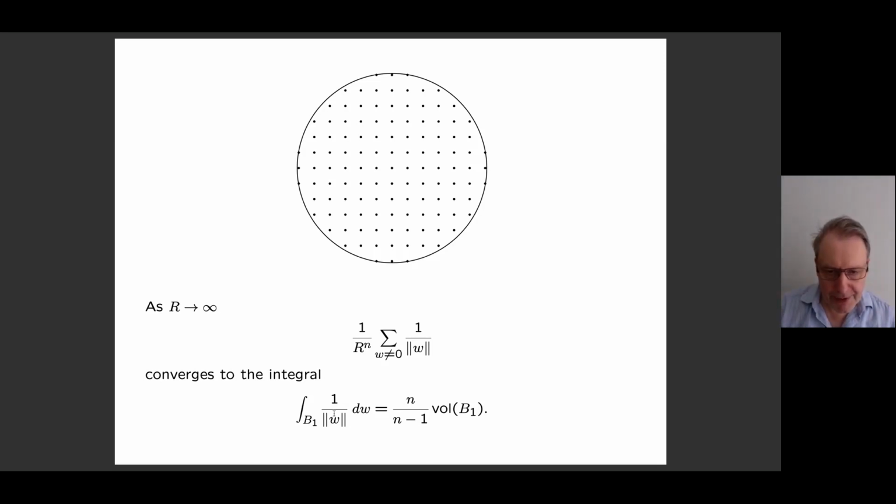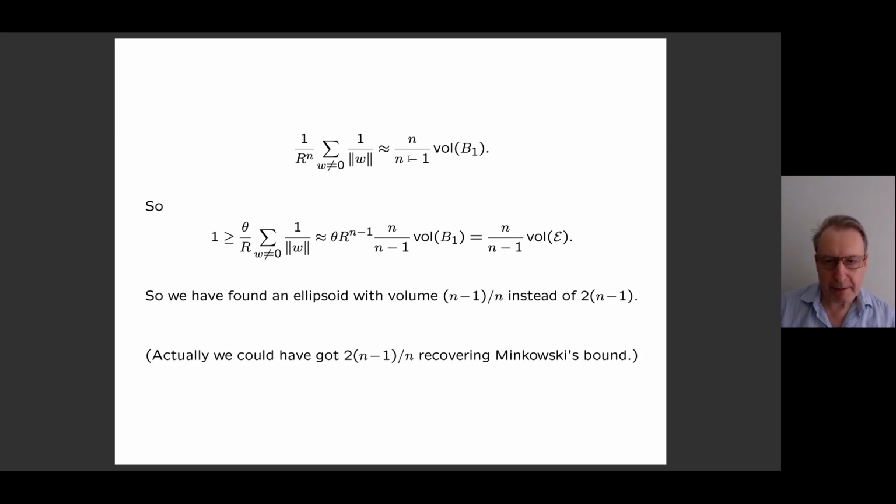Right, so we know essentially how big this is when r is very large. That's good. I've written it down again there. And now remember, our aim was to choose theta so that this quantity here is at most 1. It's 1 over z, but the z is r times w. I pulled out the r. So I want to cook up my theta so that this quantity is at most 1.